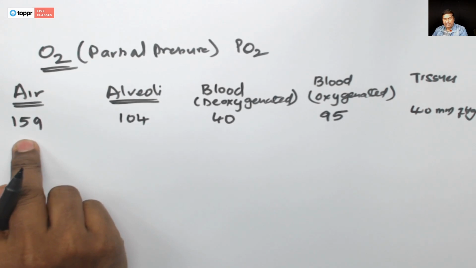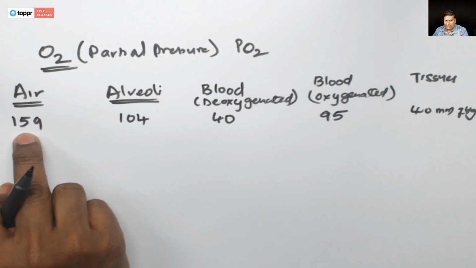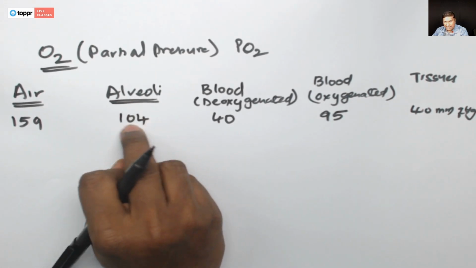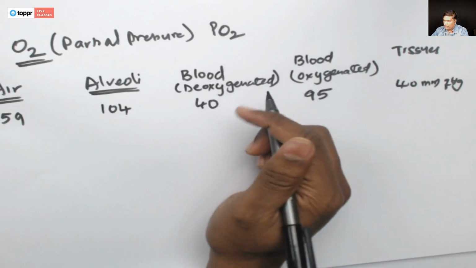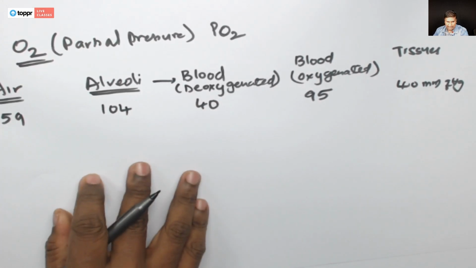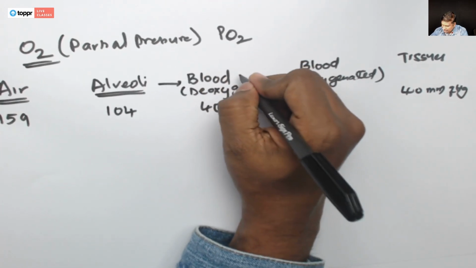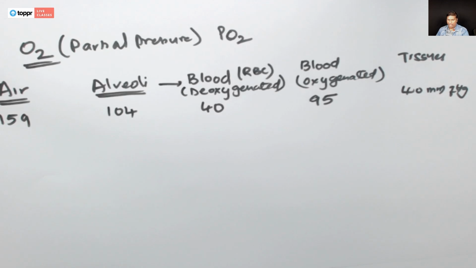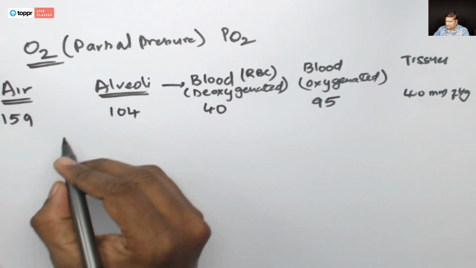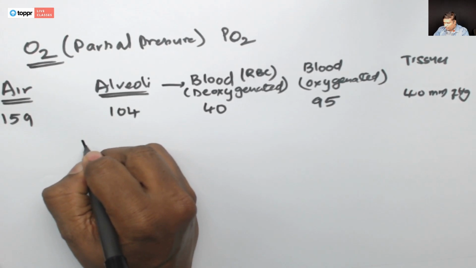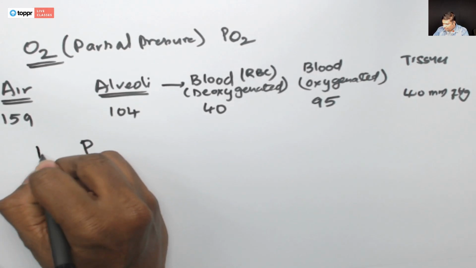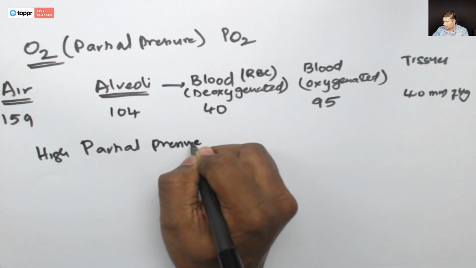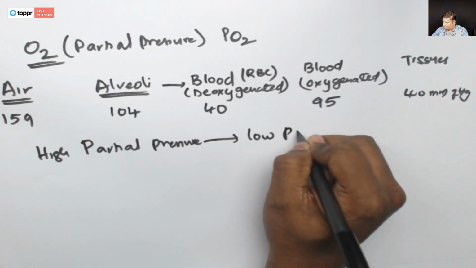Okay, as you can see, the partial pressure of oxygen in the outside air is high. When it reaches alveoli also, it is going down a bit, but it's still high. Okay, from the alveoli it has to move to the blood, specifically to the RBC of the blood. So always the gas will move from high partial pressure to low partial pressure.